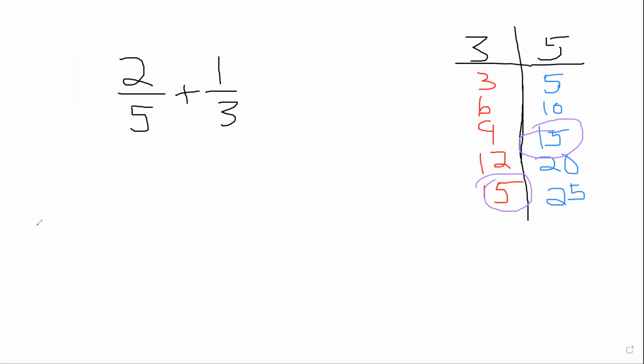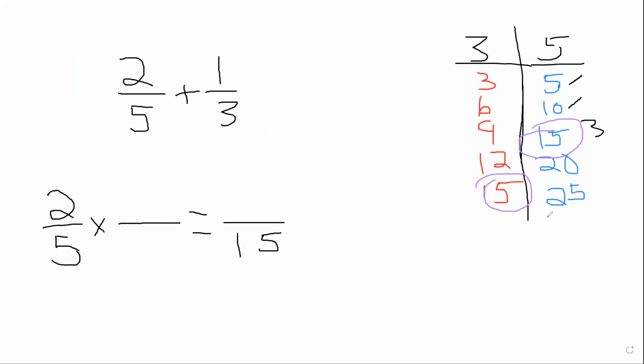What I want you to please do now is write out 2/5 times a fraction bar like that, equals a fraction with 15 as our new denominator. Then we can come back over here to our list and say, well, this is 5 times 1, this is 5 times 2, 5 times 3. So we will do 5 times 3 equals 15.